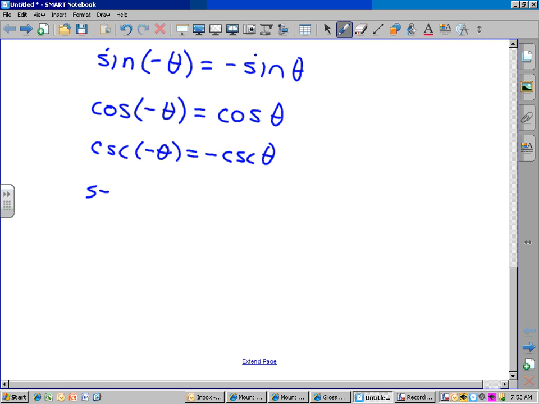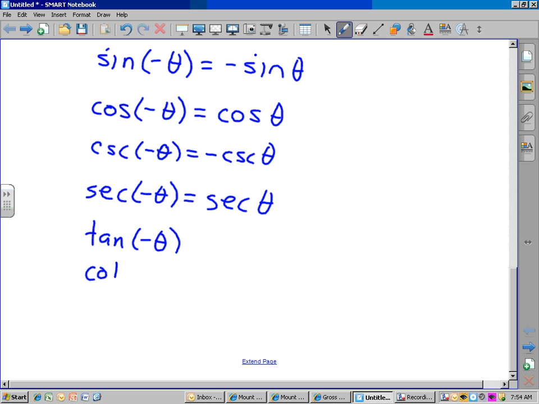How about secant? What is its reciprocal? Well, we just wrote it down. Cosine. What happens to cosine? It goes away, so this one won't go away. Tangent, cotangent are a combination of the two. You've got to think a little bit on these. Tan is sine over cosine.